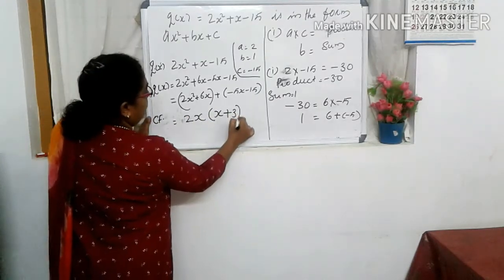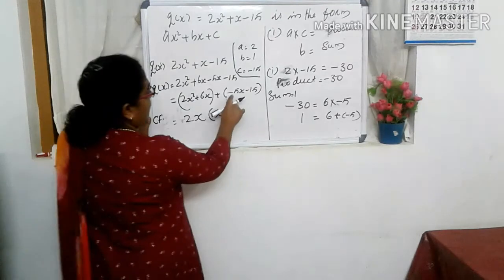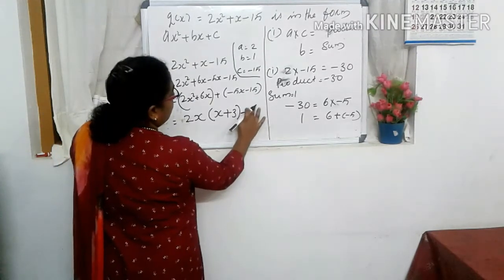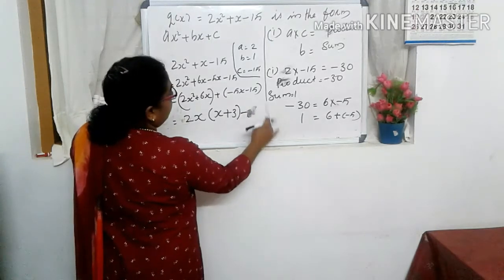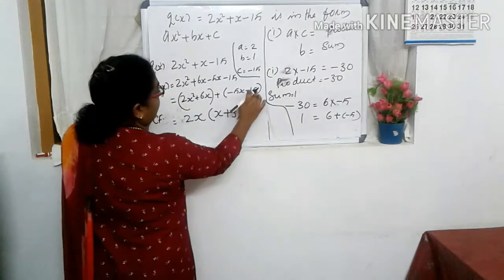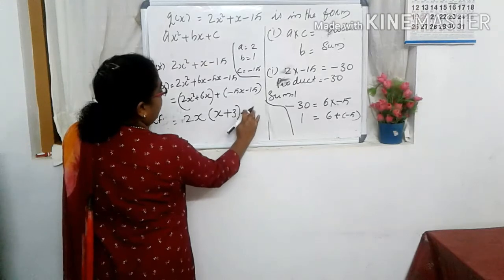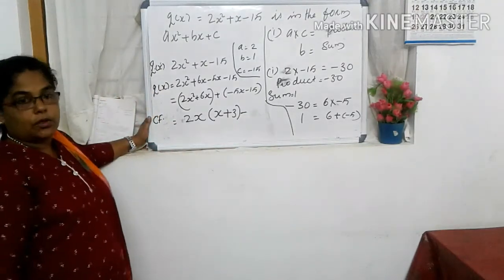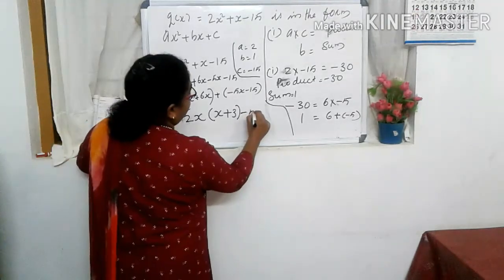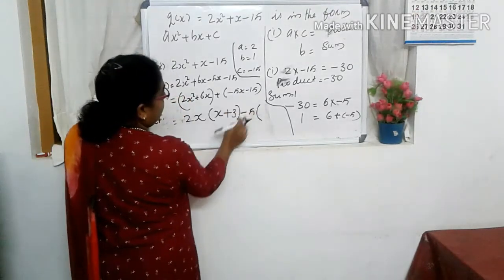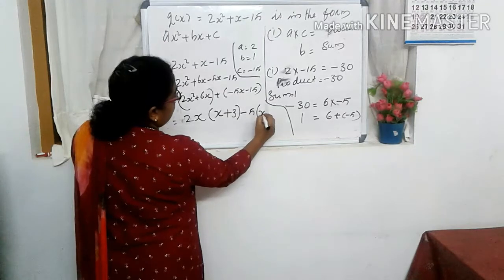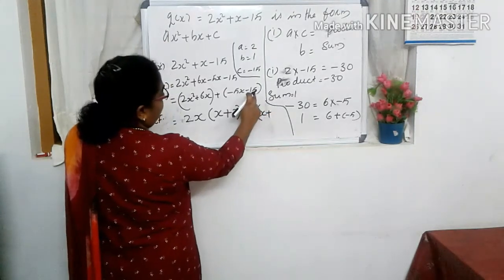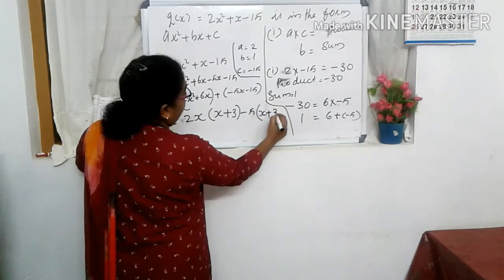Now 6x divided by 2x, how much? 3. Now again minus and minus, so minus is coming common. Now 5 and 15, what is common? 5. Now 5x divided by 5 is x. Minus we took outside, so plus. 15 divided by 5 is 3.